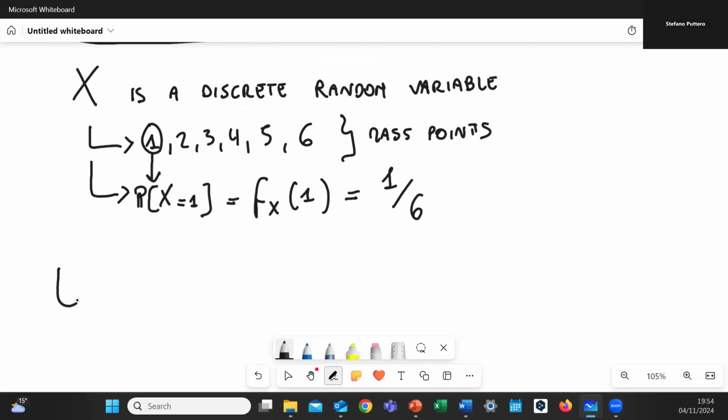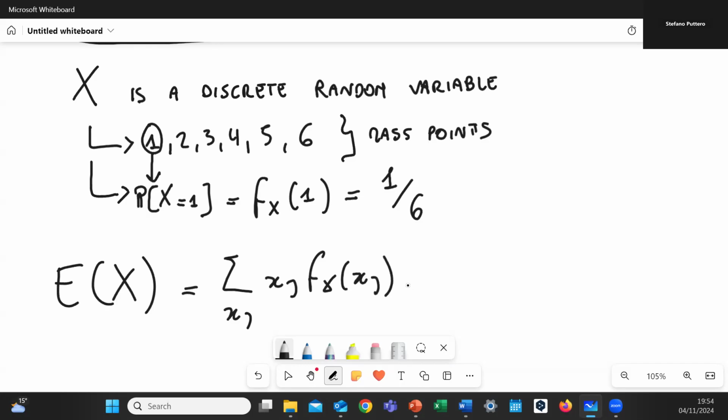Now we can calculate the expected value, because the expected value is equal to the sum over the xj of xj times fx of xj. What does it mean? That we have to consider all the combinations. If xj is equal to 1, we are dealing with the first side of the die, which has a probability to face up equal to 1 over 6.